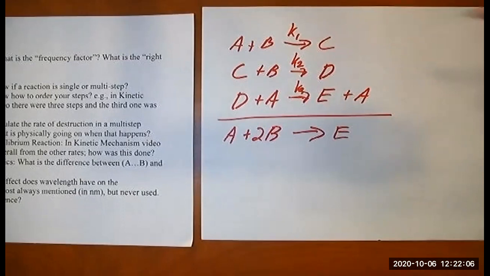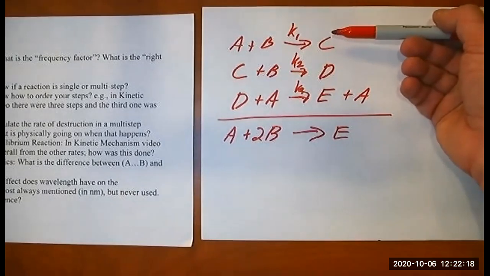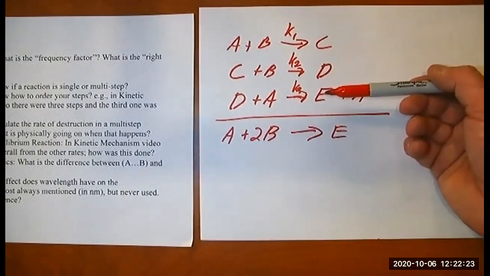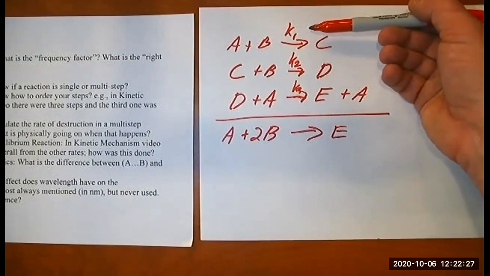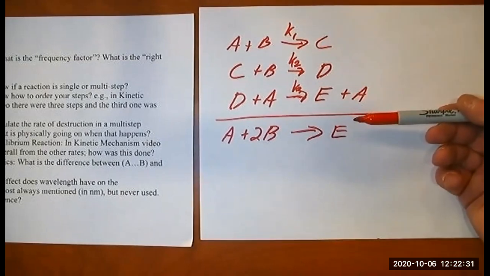Because the idea is that in a sequence of reactions, the overall sequence can only go as fast as the slowest step. And so if K1 is the rate determining step, meaning that it is slower than K2 and K3 by a significant amount, then every time K1 happens, very, very rapidly K2 and K3 happen.